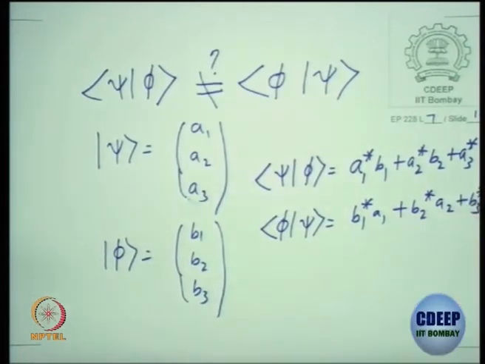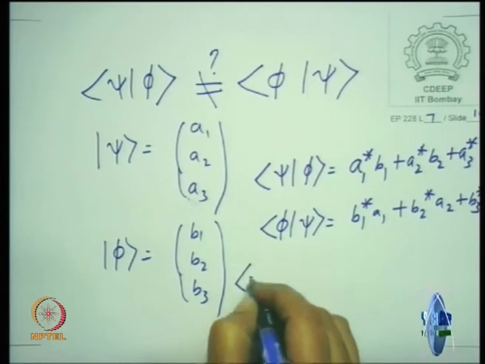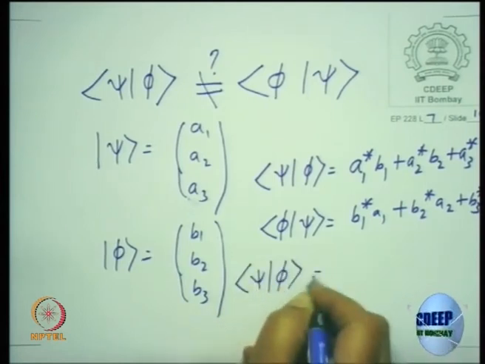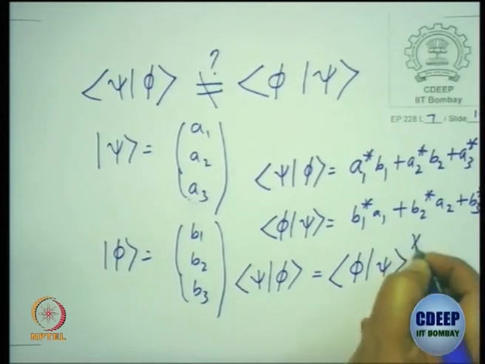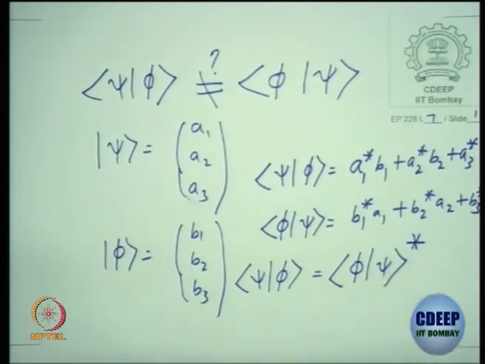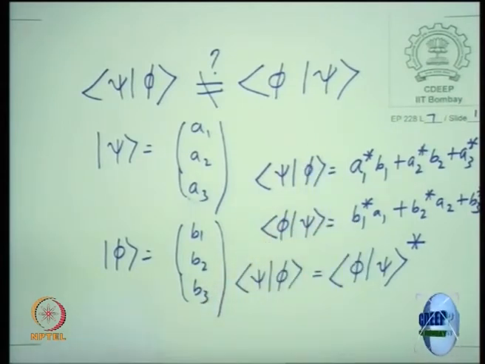Okay. So what do we see from this? Psi phi is the complex conjugate of phi psi. You take the inner product and complex conjugate it. The complex conjugate of this will give me this, right?